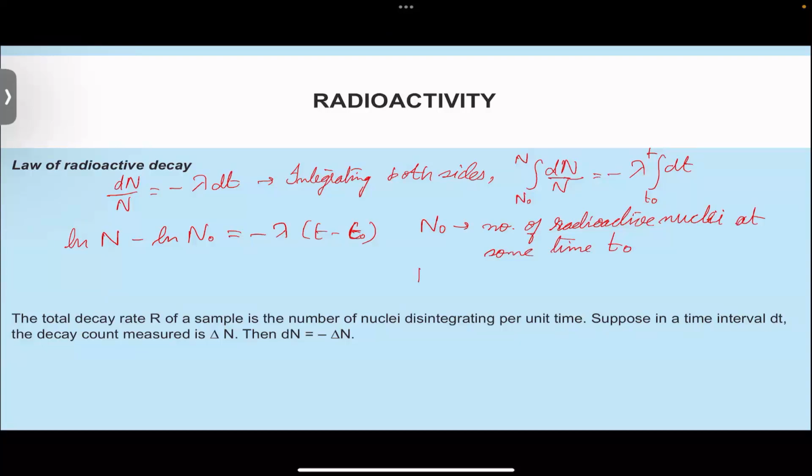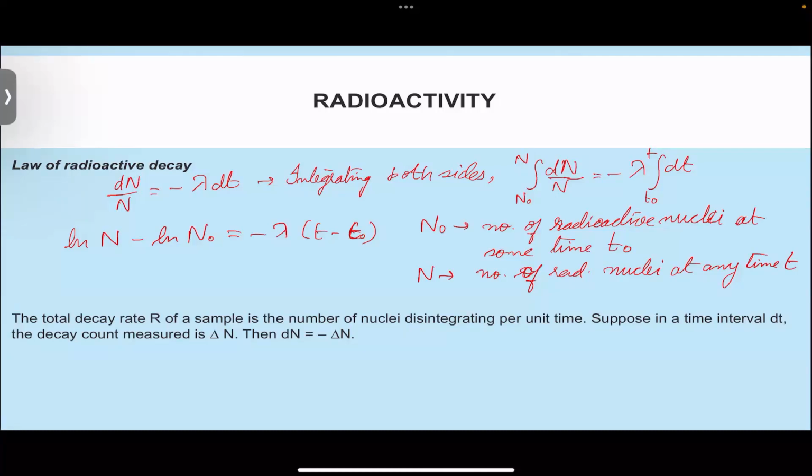And N is the number of radioactive nuclei at any time t after t0.